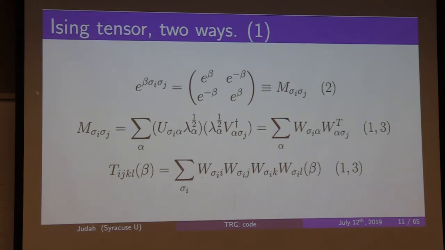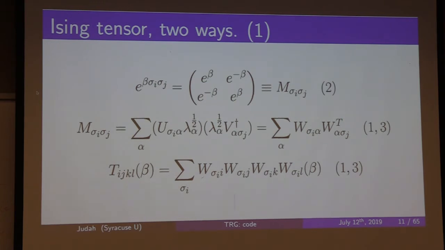Now we should be thinking computer-wise. You've got this matrix, and you want to turn it into this tensor. The way we go about that is we do a singular value decomposition. So in your mind's eye, you're thinking, which library do I need to use to get a singular value decomposition? You take what the singular value decomposition spits out, namely this unitary matrix, this diagonal matrix, and this unitary matrix, and you construct these W matrices out of them, just as I've written up here.